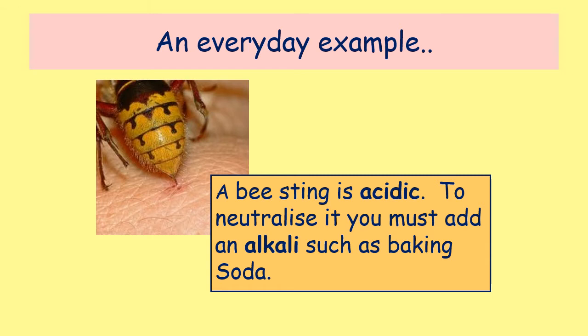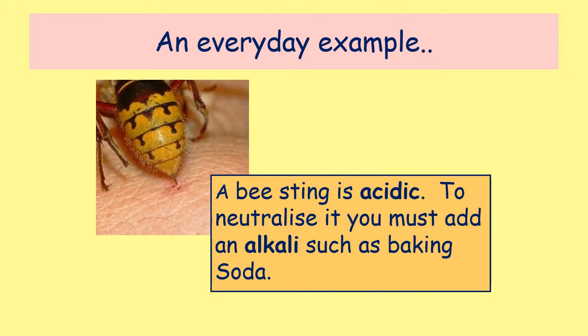Now, neutralization reactions happen every day. Bee stings, however, it looks like that's a wasp sting there, and bee and wasp stings contain acid. So if you want to remove the pain of a bee sting or of an ant bite as well, what you would do is add an alkali to it.